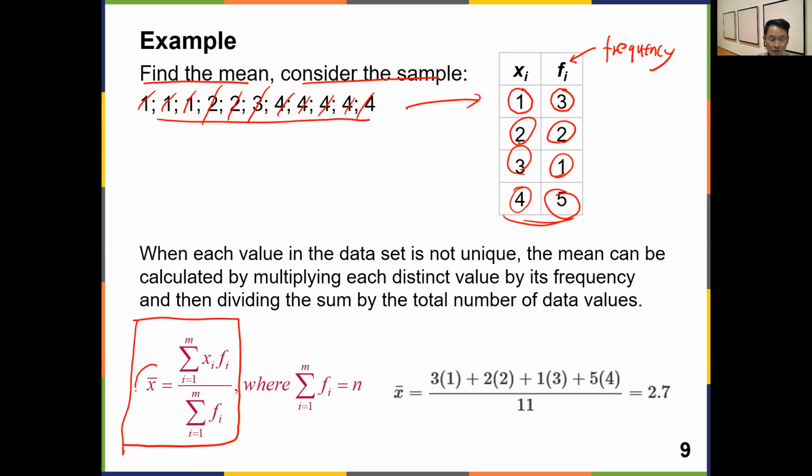So once you set it up like that, there is a new formula to figure this out. Now, what is this? X bar. Do you remember what this is? This is the sample mean. But the formula goes like this: you add up x times f, and divide that by the summation of f.